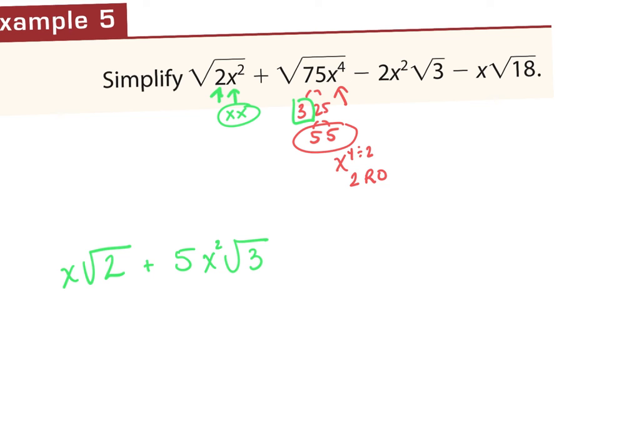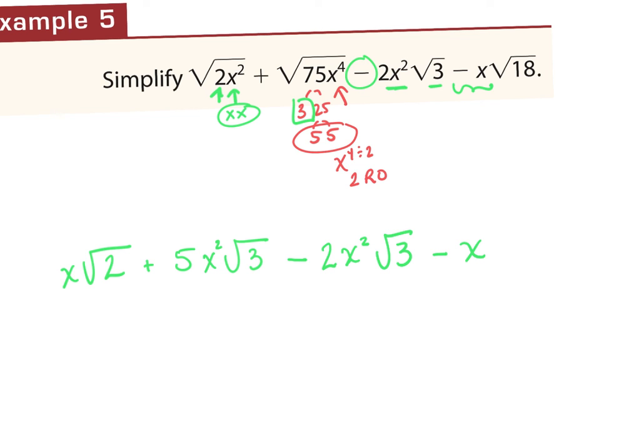Don't forget your minus sign, by the way. Minus. I already have a 2x squared out here. 2x squared is already out here, all right? Can I simplify my square root of 3? No, it is as simple as it gets. So that one is done. For the next one, what do I already have out here?